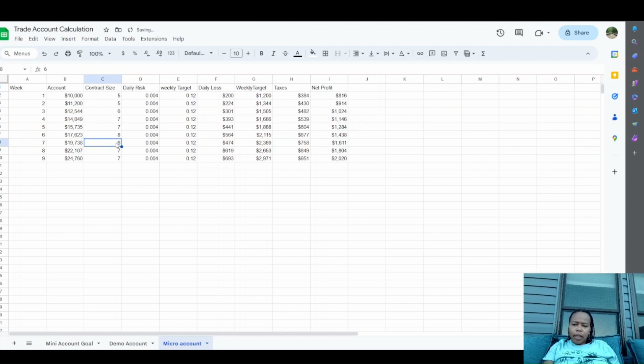So 10, 12, 14, 16, and by here we should be at 9. I'm trying to gauge, depending on how much I make that week, how many contracts I gain. So 12, 14, 16, 9. This would be 18, so that's 10.